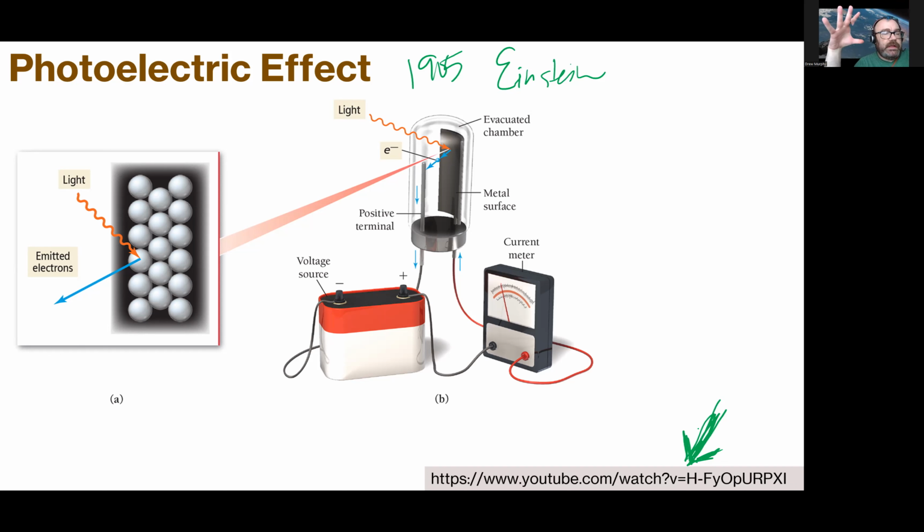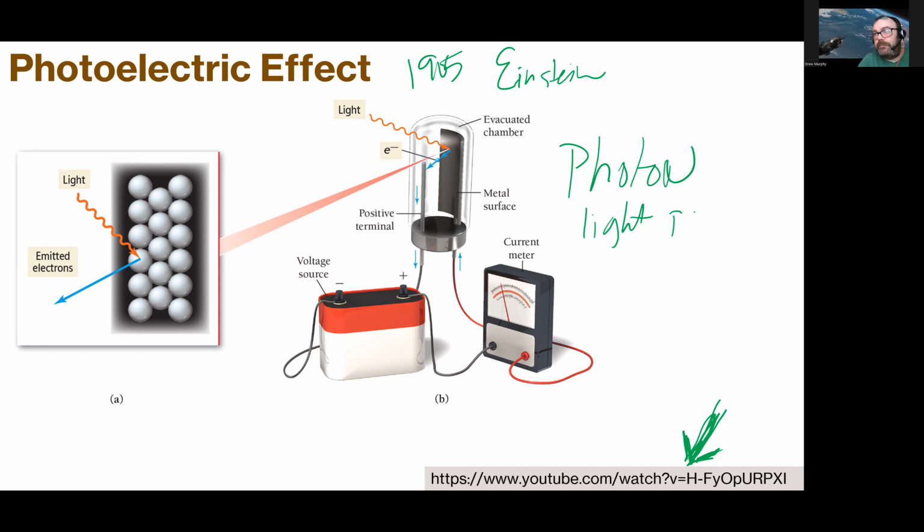They knew all this data. And it wasn't until Max Planck and his black body radiation work that Einstein kind of figured out that if the light can only have quantized energies, then that's partly probably why we can do this. And so he coined the term photon for a quantum of light, or a light particle.